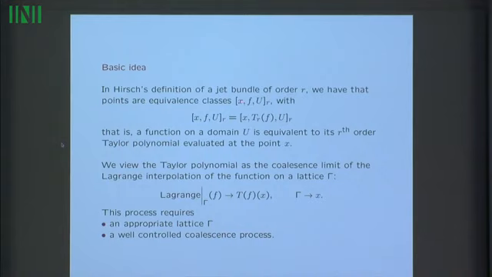And I have equivalence classes, and it's set up so that each equivalence class, the equivalence class up to order R, f is equivalent to its Taylor polynomial evaluated at that point. So this is a slick way of defining a jet bundle, and this was the key.